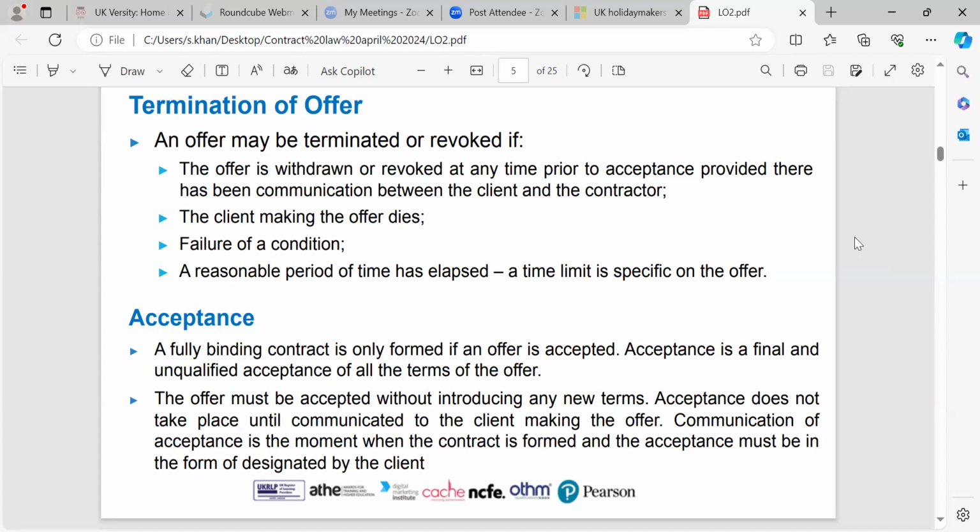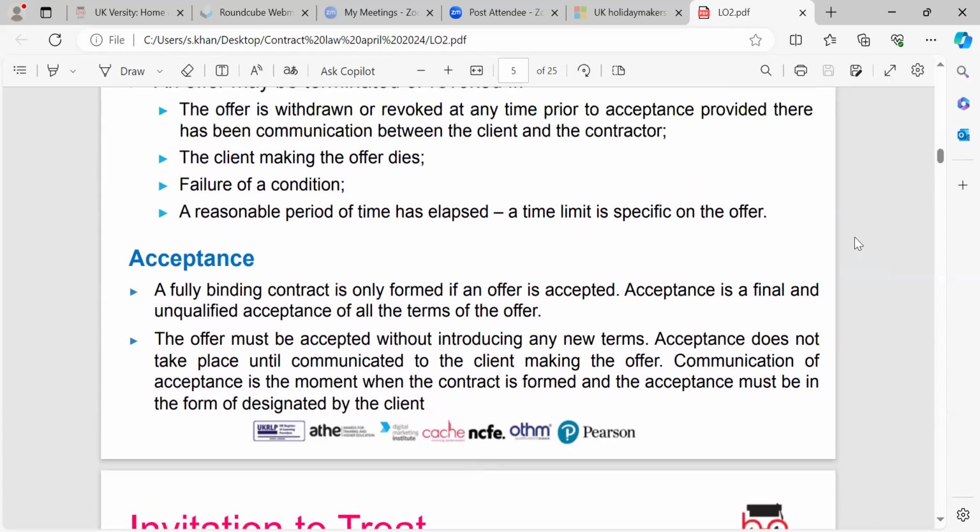And the important case in regards to acceptance is the case of Entores against Miles Far East, 1955. And it was a Court of Appeal case. In this case, the claimant sent a telex message from England offering to purchase 100 tons of cathodes from the defendant in Holland. The defendant sent back a telex from Holland to the London office accepting the offer.